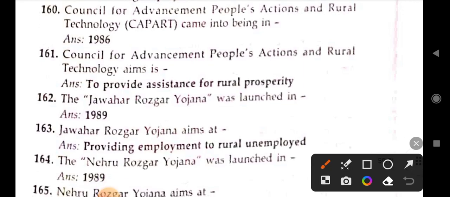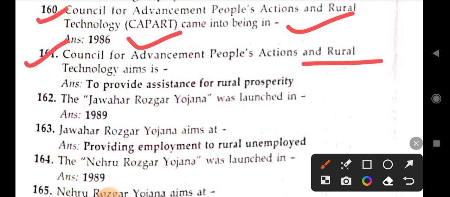Next, the Council for Advancement of People's Action and Rural Technology, CAPART, came into being in 1986. CAPART aims to provide assistance for rural prosperity.